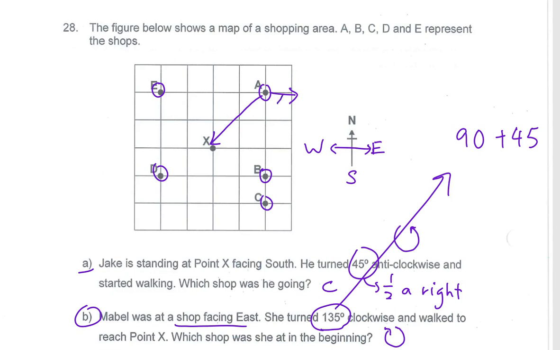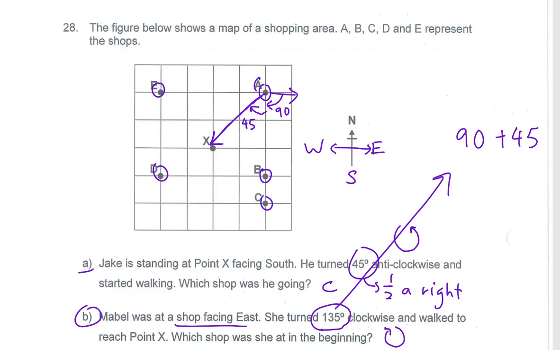Going by clockwise, this will be a 90 degree turn and a 45, sorry. This is a 90 degree turn clockwise and a 45 degree turn clockwise, and she happens to go to point X again.